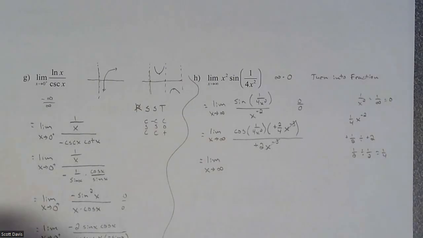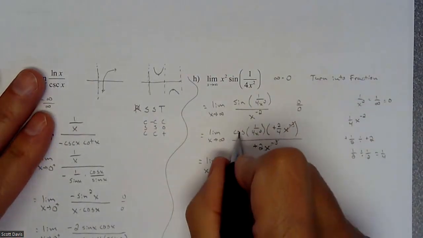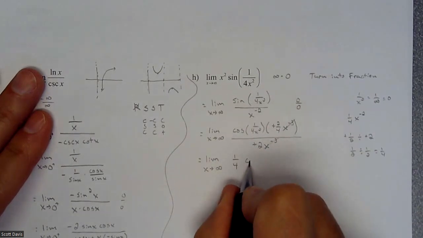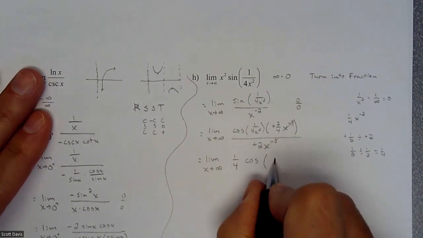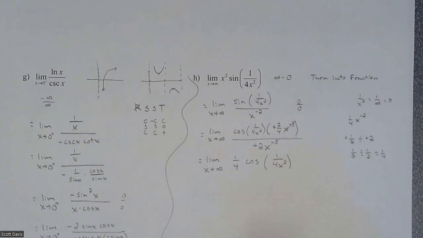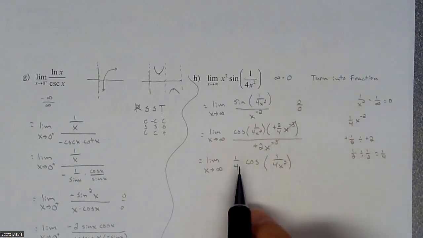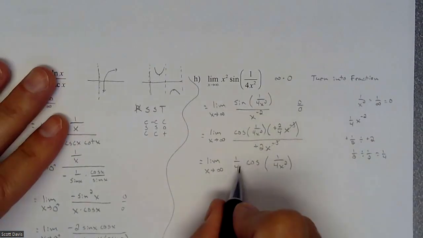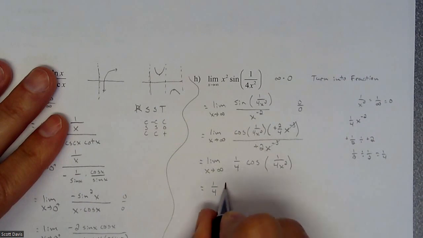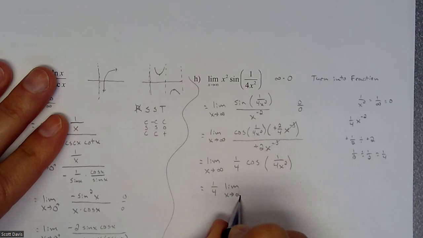So that whole thing can just become 1/4 times cosine of 1 over 4x squared. Now I don't have a chance to have a 0 in the denominator. I just have one value that I can plug infinity into. And so I can manipulate a little bit more by pulling this 1/4 out and just focusing on the cosine piece.